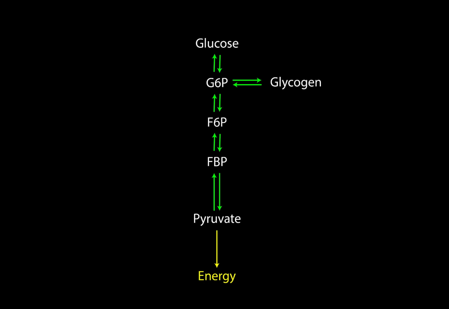So there has to be some way of controlling whether we're making glycogen or not making it. And that is really the big point of the rest of the videos in this unit, is to think about how we can control flow of metabolites through glycolysis and also control whether we are synthesizing glycogen or breaking glycogen down.